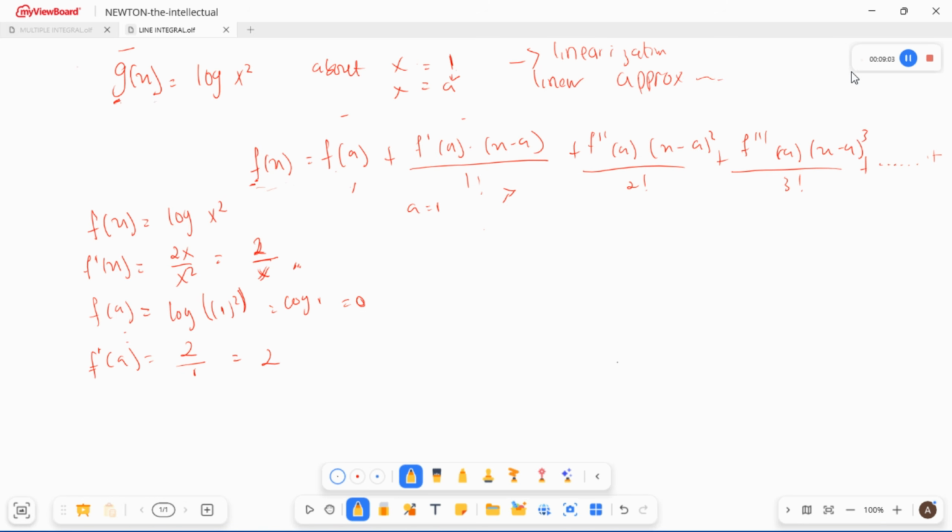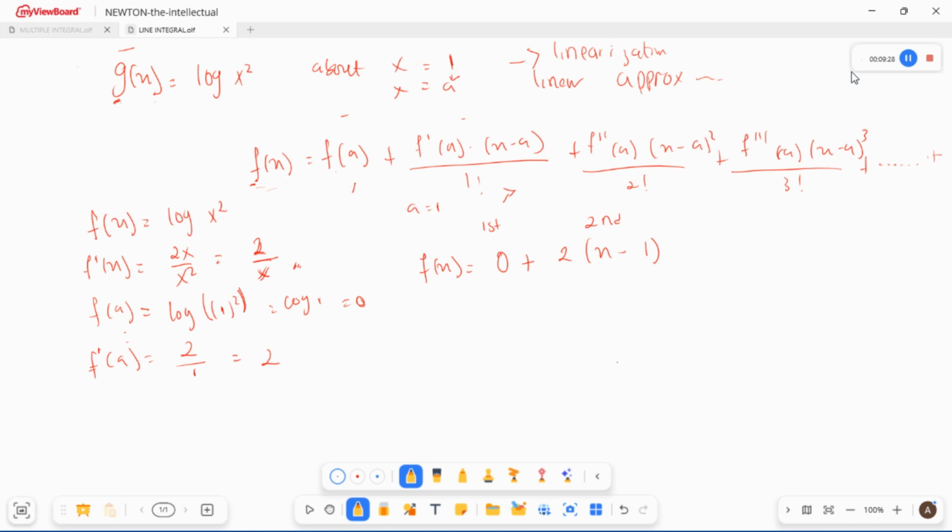So now that we have these two values, we can just plug them into our formula and then we solve, right? So we're going to say f of x is equal to f of a, which is what? Our f of a is 0, then plus f prime of a, which is 2, multiplied by x minus a. And what is our a? Our a is 1. Remember, this is linear approximation, so we're stopping at the first term and the second term.